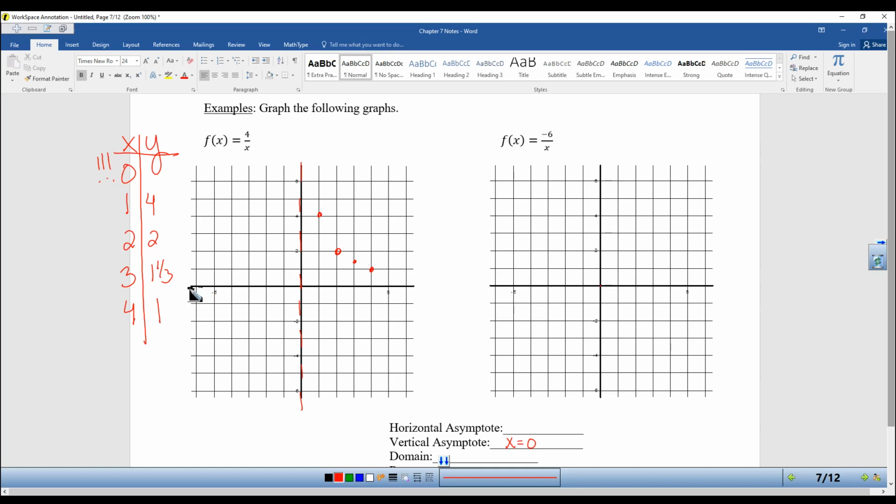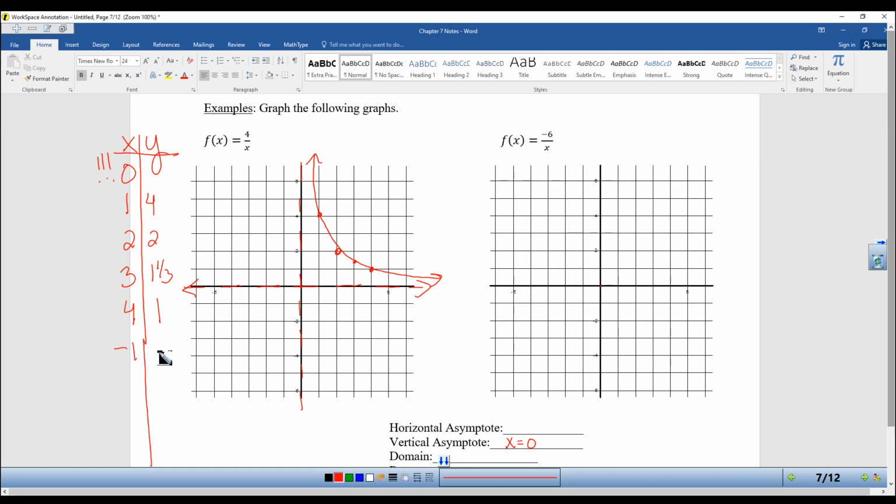So even though you can't see it from the equation like we could with the vertical asymptote, you need to know that there is a horizontal asymptote. So this graph is going to come down, go through these points, and then it's going to follow that horizontal asymptote. Now, because there is another branch, you do have to plot points on the other side too.